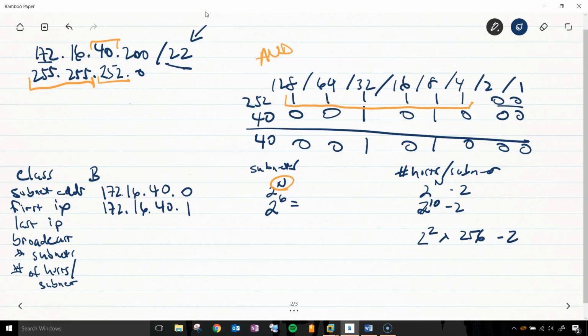So 2 to the power of 6. 1, 2, 3, 4, 5, 6, 64. 64 subnets. Each one of those subnets having a lot of hosts, so 2 to the power of 2 is 4 times 256.